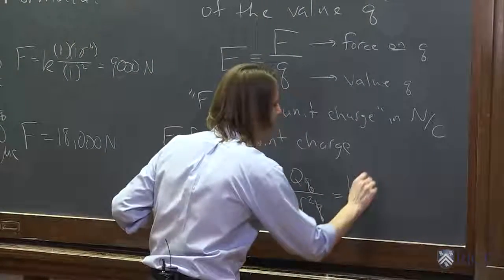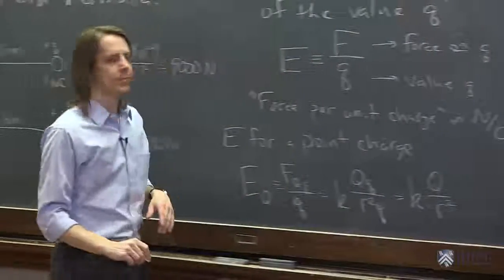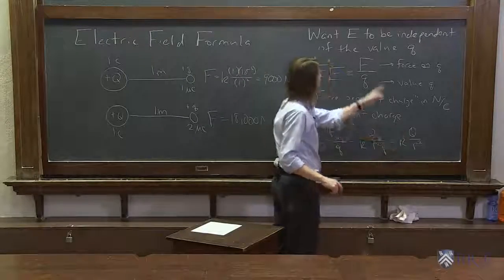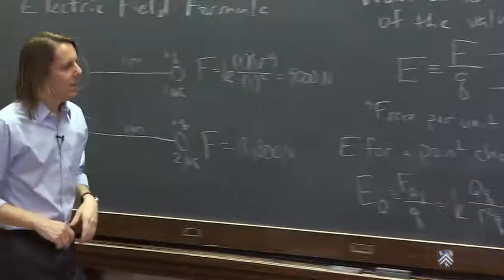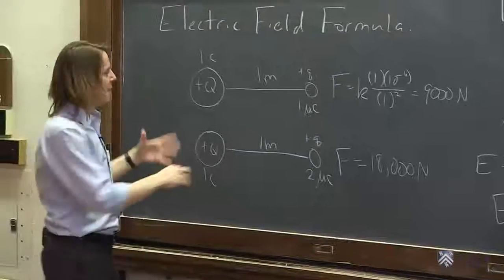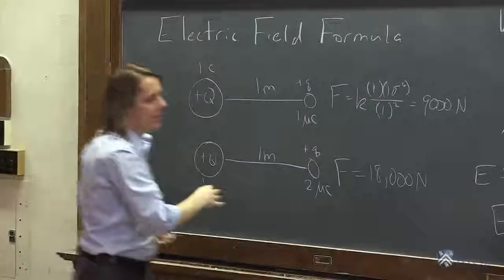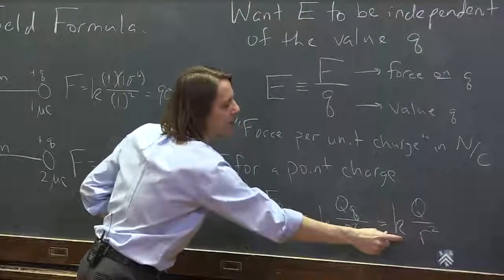It's just Coulomb's constant times the big charge over the separation squared. So if you can calculate that and you want the force on any charge, F equals qE, you just multiply by the little charge. That's mathematically how we create this E field around this charge, which doesn't depend on anything except the charge itself, how far away we are, and a constant in the universe.